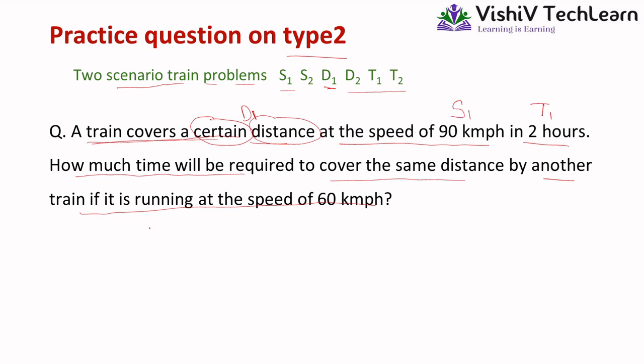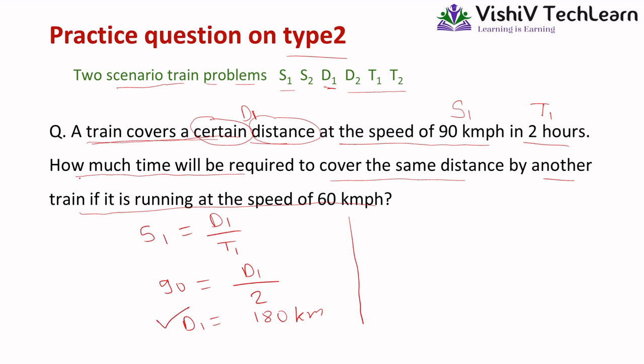Let's write down the formula. S1 is equal to d1 upon t1. Let's put the values. S1 is 90, d1 we have to find out, t1 is 2 hours. So this gives d1 equal to 180 kilometers. So from the first scenario we got the distance.